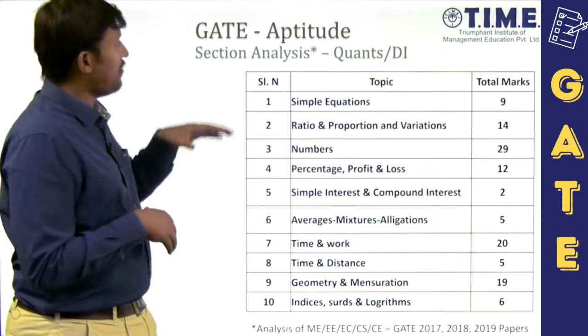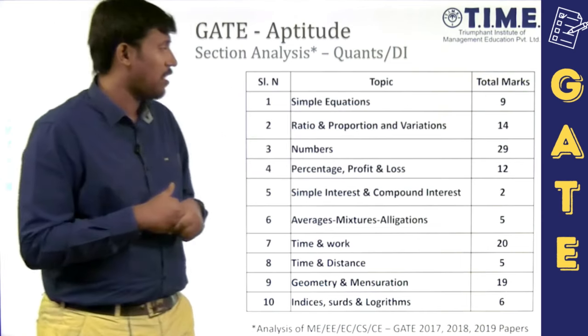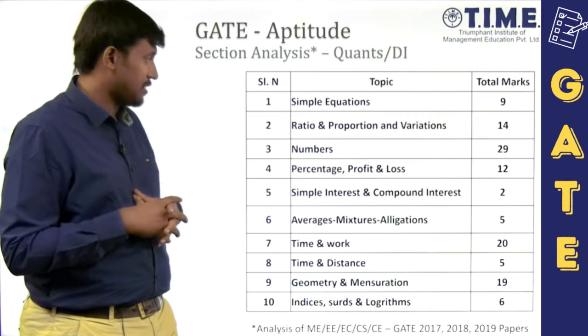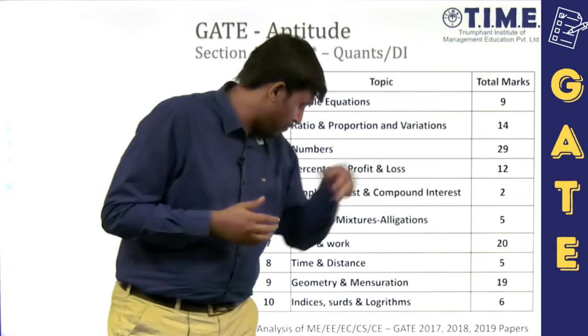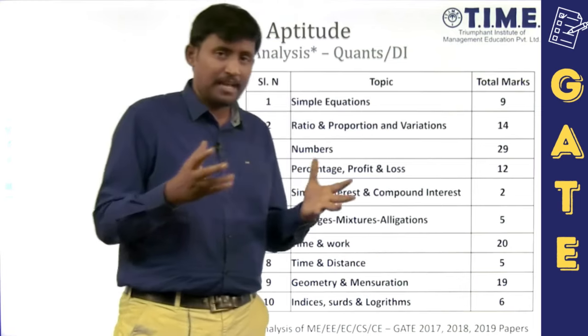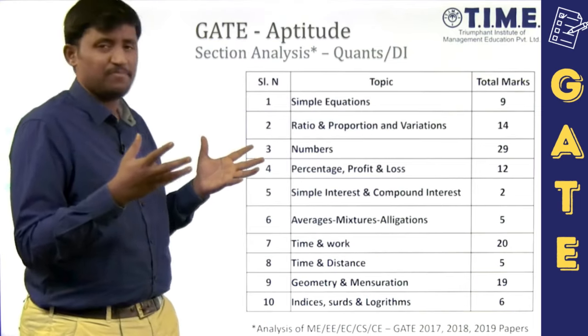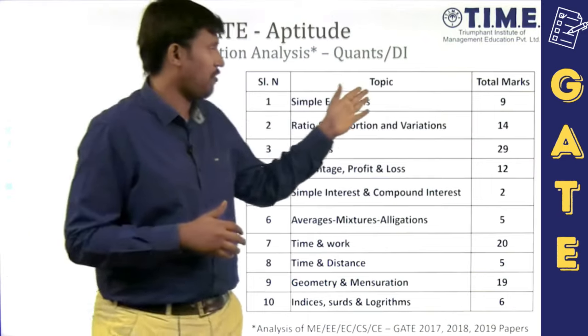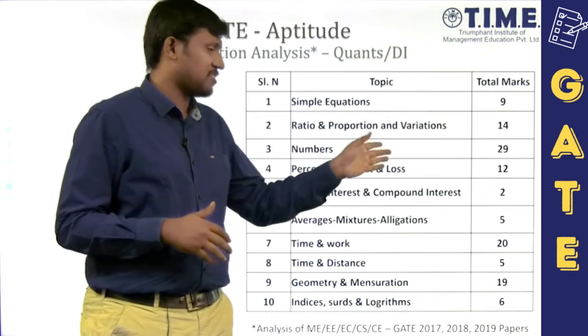Right? So when it comes to quants and DI, we could see these are the topics that have had a good number of questions. If you note, the topics in numbers, time and work, and geometry, the very traditional quant section, have a good amount of weightage, followed by simple equations, percentages, and profit and loss.